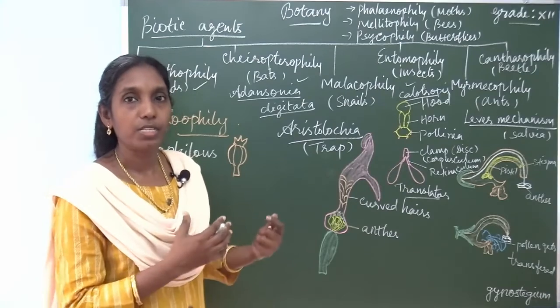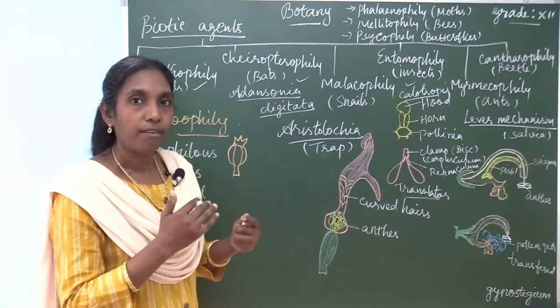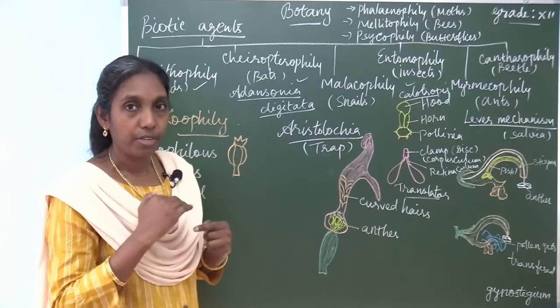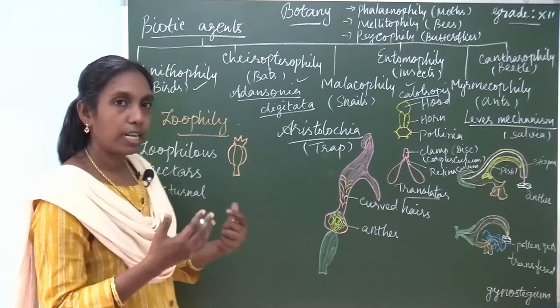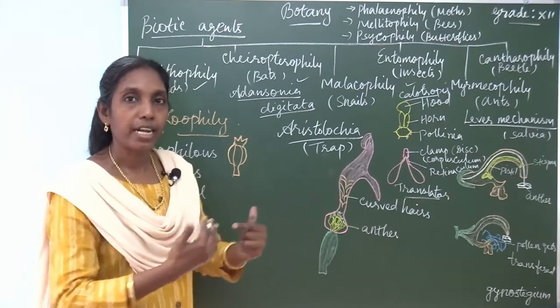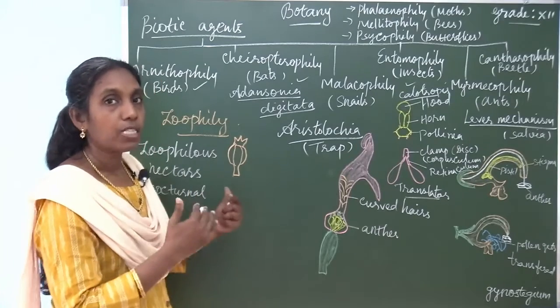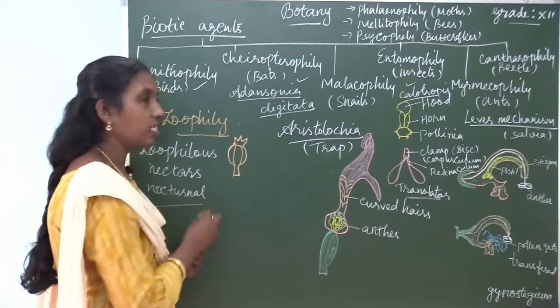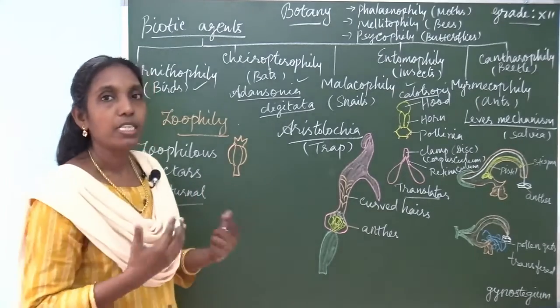The flower opens at the time of dawn or before dawn. Because of their nocturnal habit, bats, which are active in the night, are attracted towards these flowers. So the flowers are adapted in such a way.